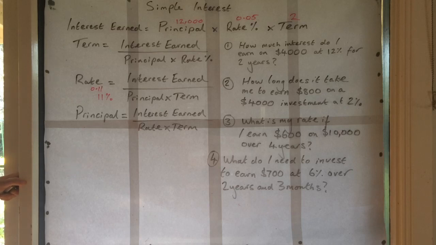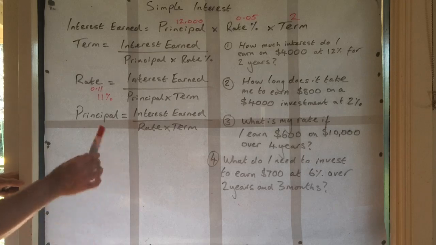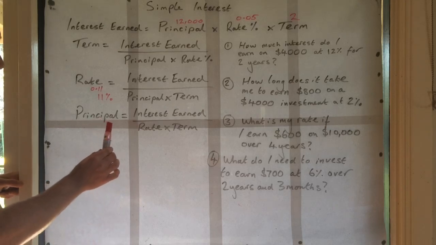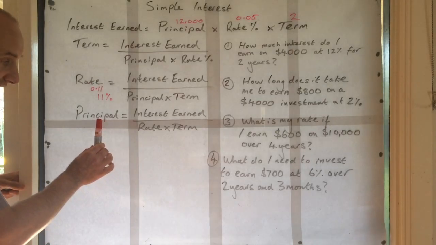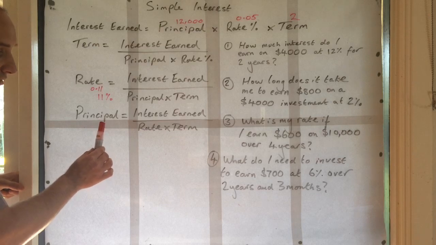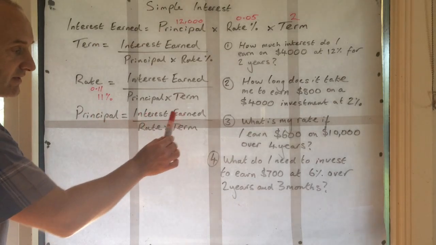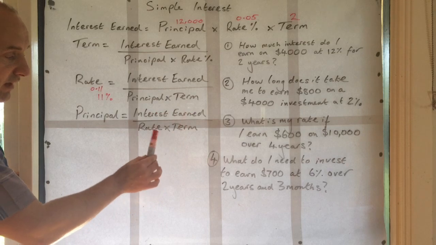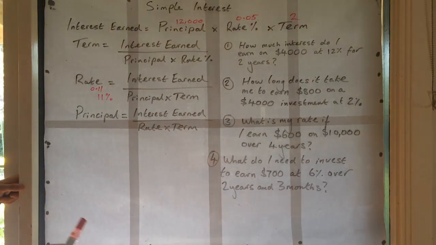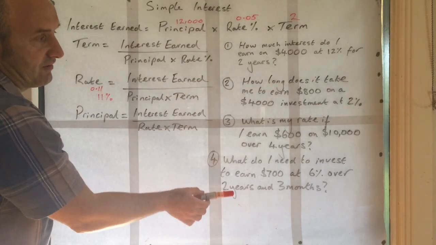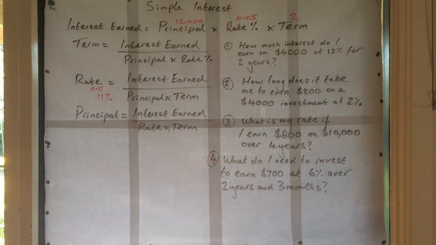Finally, say I ask what money I have to invest into an account so that I can earn a certain amount of interest at a certain rate for a certain term? Then we can use this formula here. And when I go through these questions, it will start to sink in.